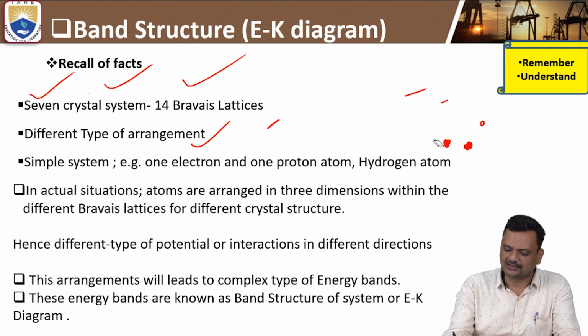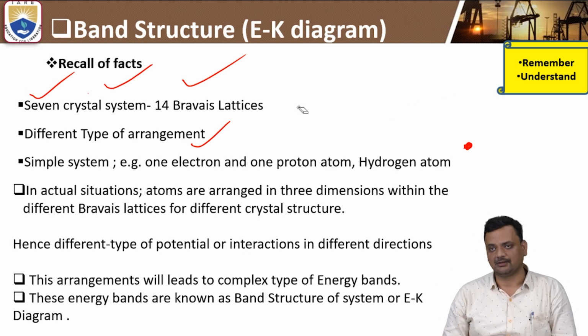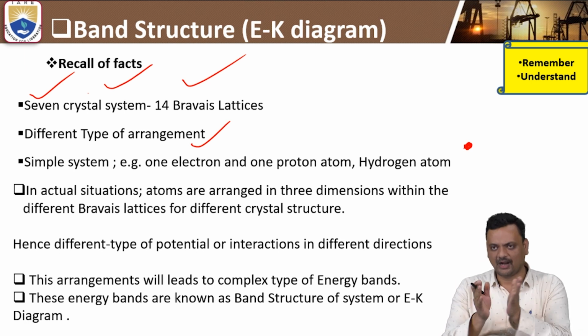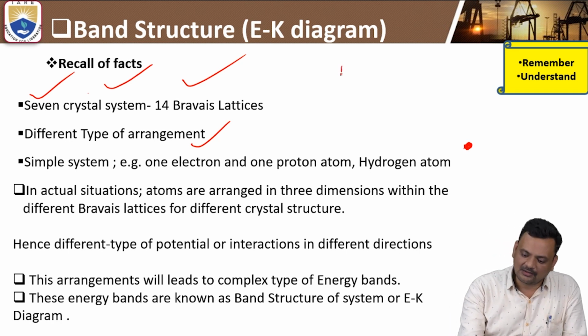So basically, this band structure is not a 2D plot, it is a 3-dimensional plot. We are unable to plot it here due to our limitation, but this is a 3-dimensional plot. Okay, first thing. And the second thing is, it is not a similar band.